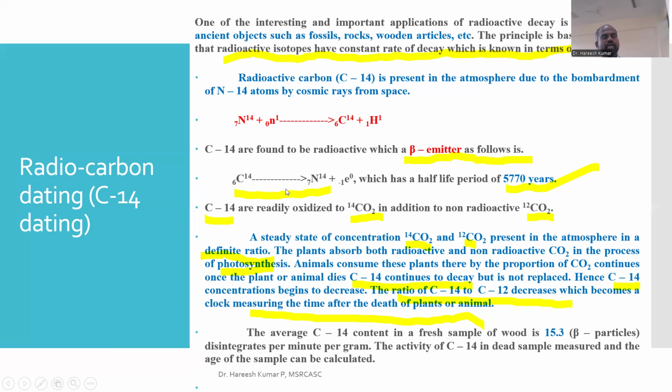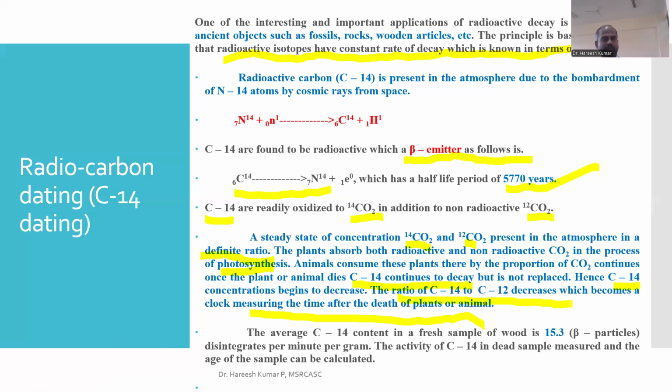How is it used? You know that the atmosphere contains nitrogen. Nitrogen is irradiated with the cosmic rays present in the atmosphere and thereby releases carbon 14. This carbon 14 is easily oxidized to carbon dioxide 14. When plants consume this carbon dioxide 14, it is converted into carbohydrate. This carbohydrate is taken by the living beings as well as the plants.